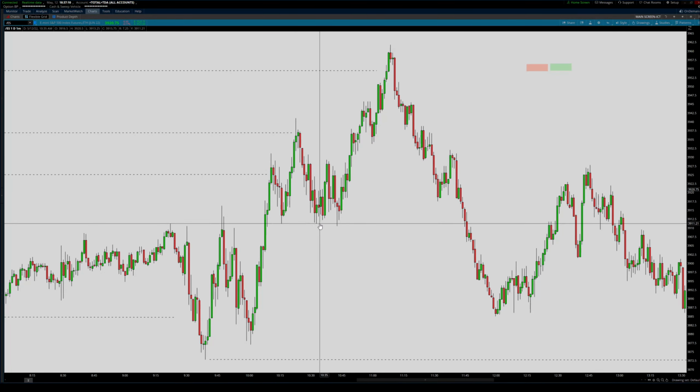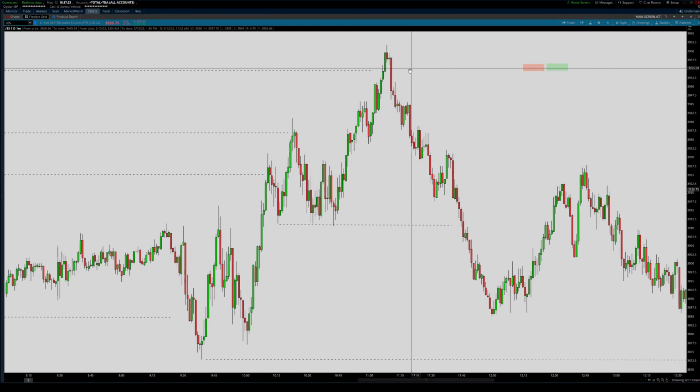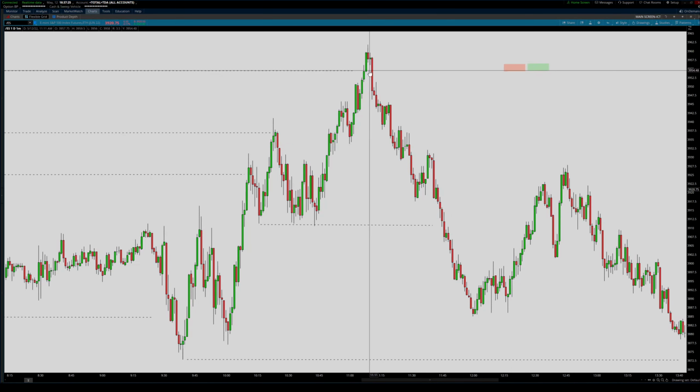Same thing here, just made relative equal lows, which you expect to break at some point. So that's a target eventually, right? So then we take out the liquidity up here, and we get a strong move down here, break this short-term low, right?